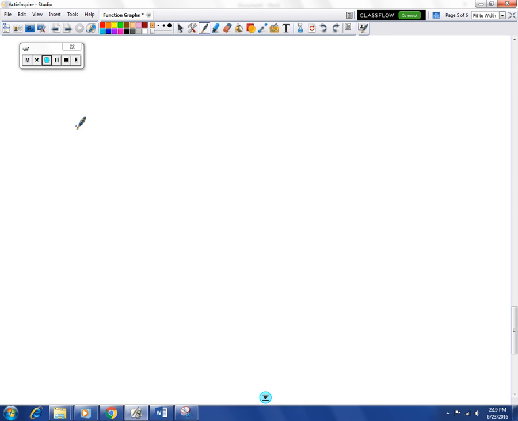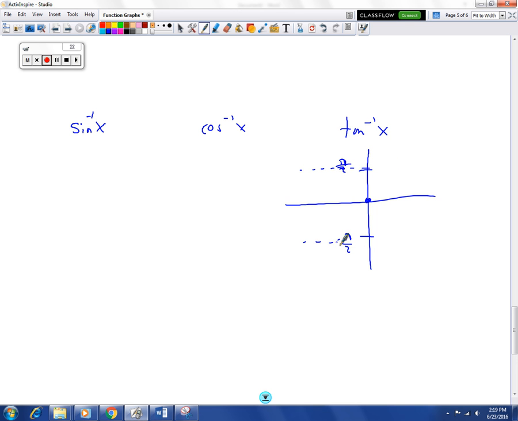Sine of x, inverse sine of x, inverse cosine of x, inverse tangent of x. We've just done inverse tangent. Negative pi over 2, positive pi over 2, goes through here. Here's an asymptote, here's another asymptote.